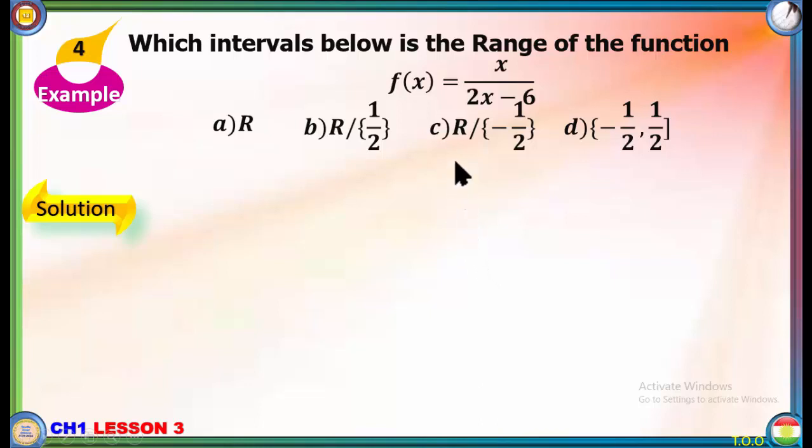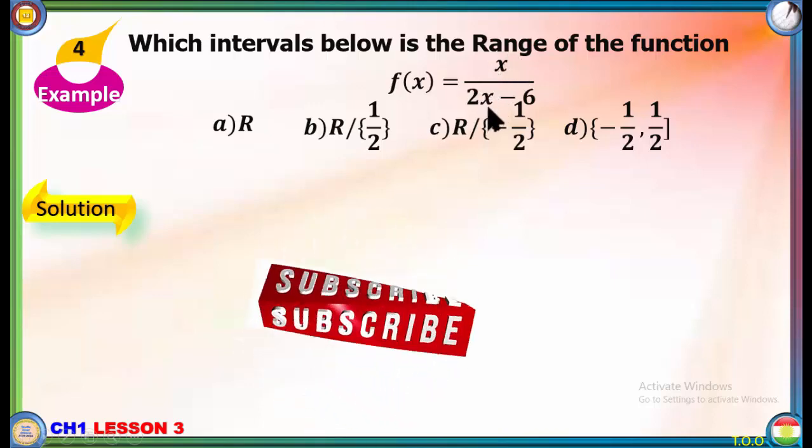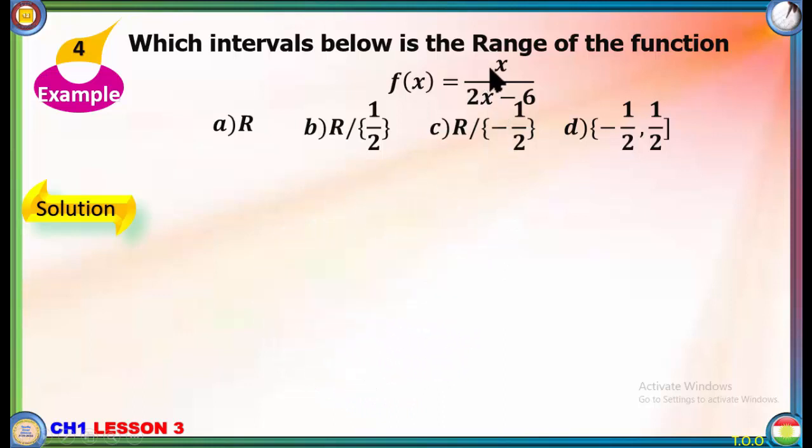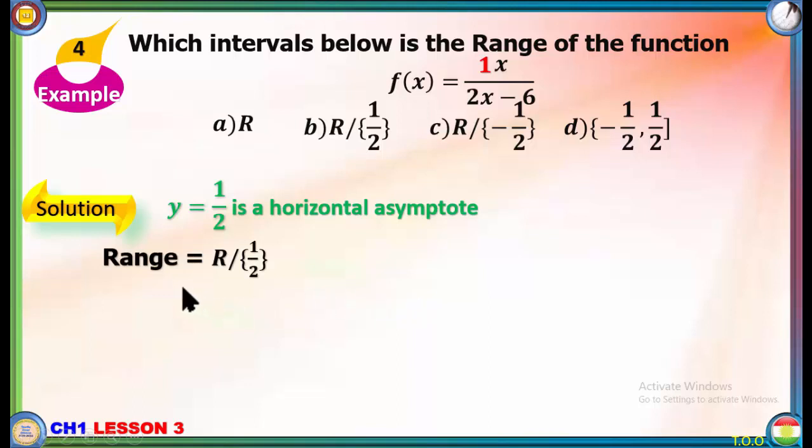Because the degree of the numerator is equal to the degree of the denominator, we take the coefficient of x in the numerator over the coefficient of x in the denominator. Therefore, y is equal to 1 over 2. 1 over 2 is a horizontal asymptote. Therefore, the range is R except 1 over 2.